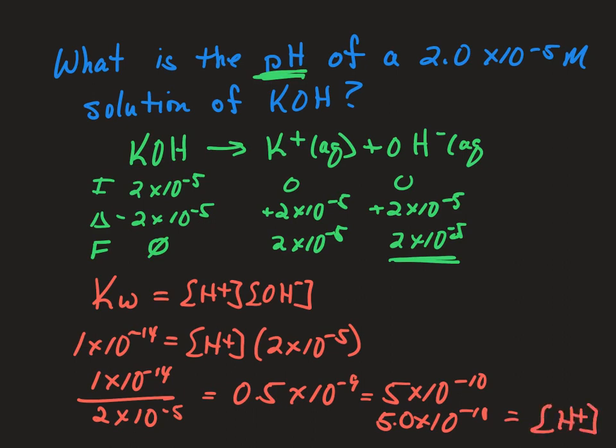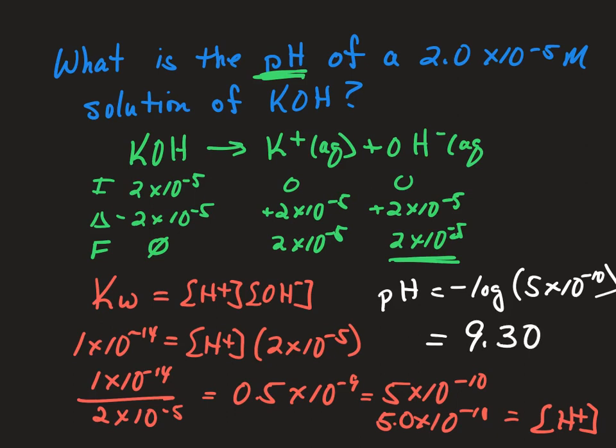So our pH then would be the negative of the log of 5 times 10 to the minus 10 molar, which would equal 9.30. Again, the significant figures in a log number are the numbers after the decimal place, so that number is two significant figures, and our original information was given in two significant figures.